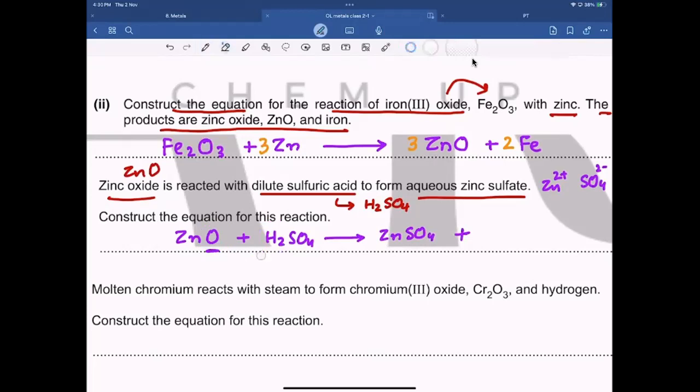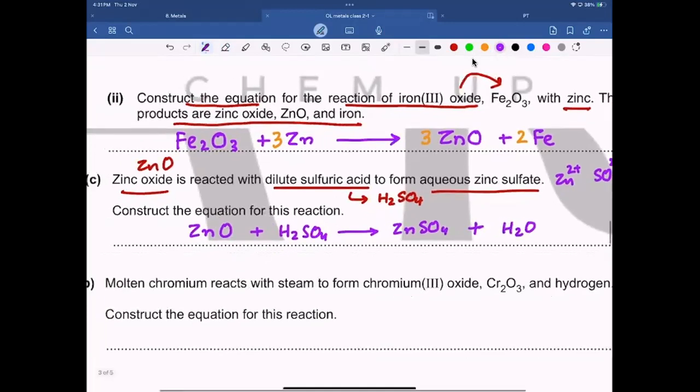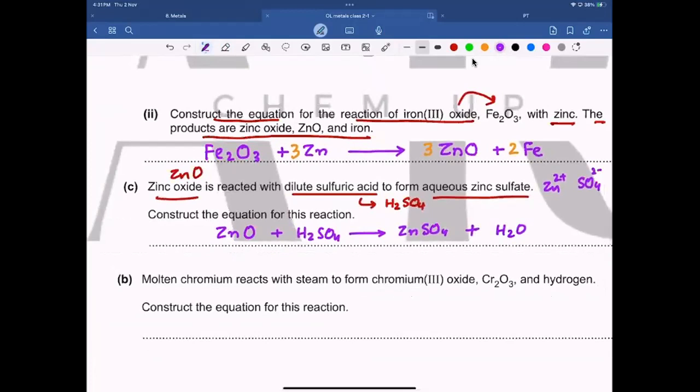So when these hydrogen and oxygen meet, what will form? Water. Water, H2O. Is it clear? Yes. If you have any doubt, do ask, please. Is it clear?